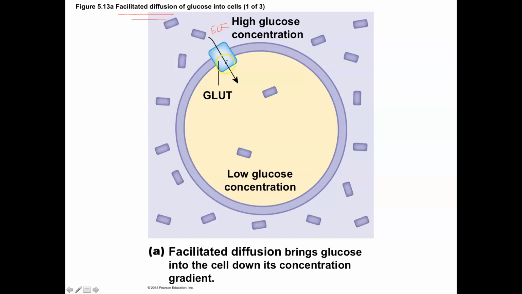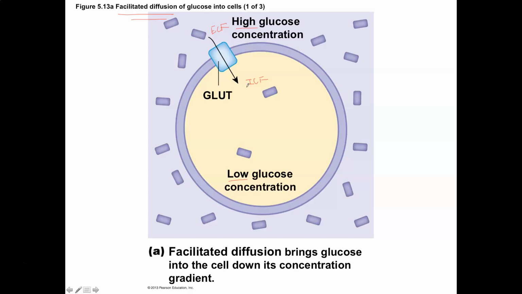It's binding glucose, doing that conformational shape change, and then allowing that glucose to enter into the intracellular fluid. So we're using a concentration gradient, moving glucose from high to low, so this is an example of diffusion, but it's facilitated diffusion because it requires that carrier protein to interact with the glucose and then open to the inside and allow the glucose to move in.